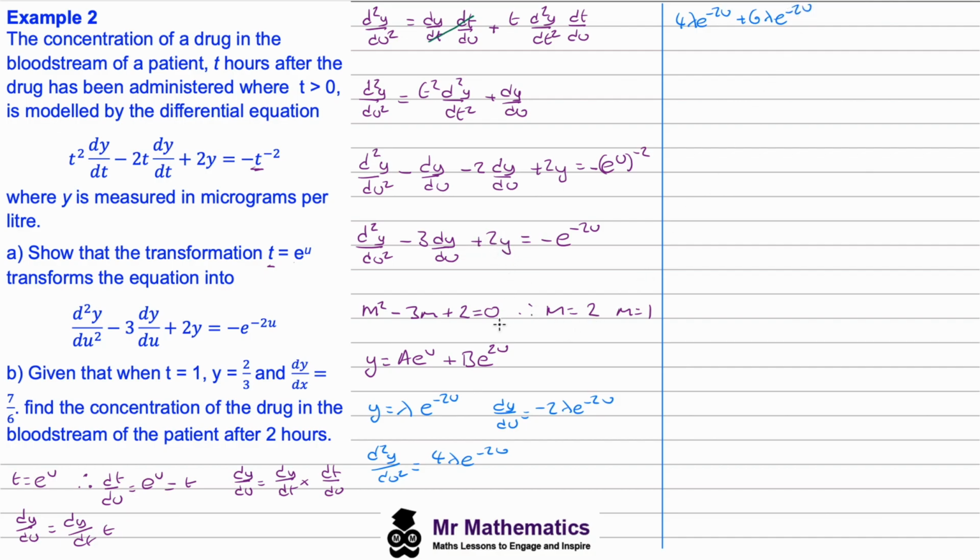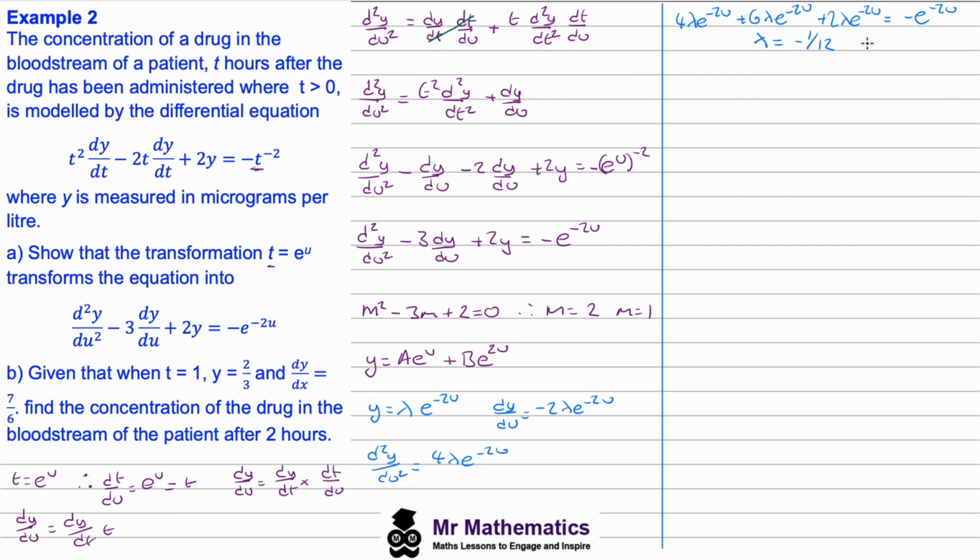And then a plus 2 lots of our y term. So plus 2 lambda e to the negative 2u. And this will equal our function here, negative e to the negative 2u. So we have 12 lambdas is equal to negative 1. So lambda must equal negative 1/12.